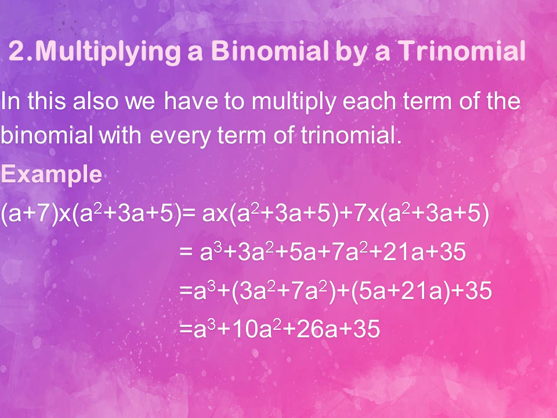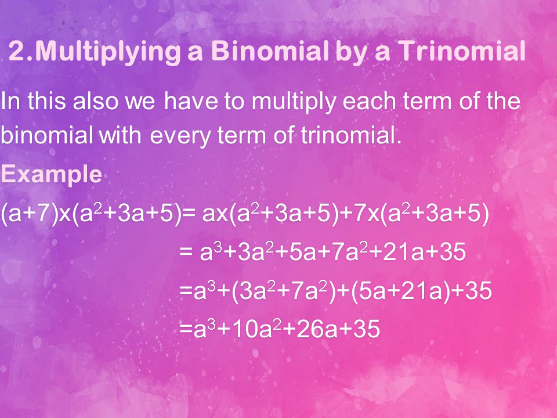Next is multiplying a binomial by a trinomial. In this also we have to multiply each term of the binomial with every term of the trinomial. As you can see in the example, a plus 7 is a binomial as it has two terms. The second expression, a square plus 3a plus 5, is a trinomial as it has three terms.